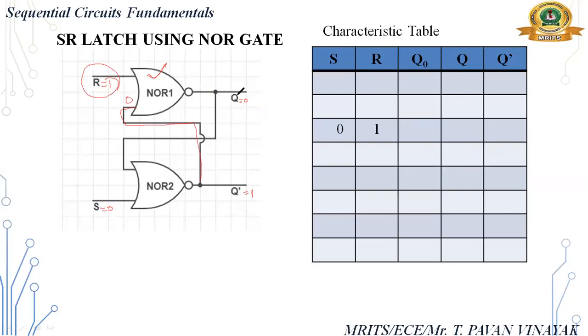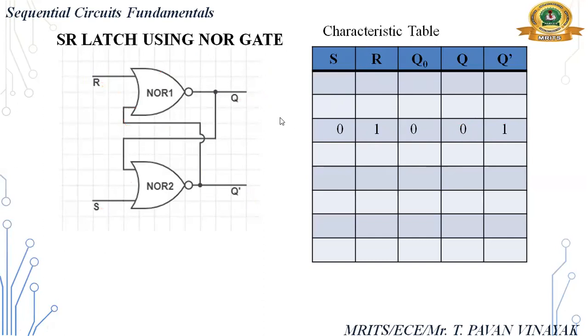So 1, 0 means Q is 0. This is the present output. Next, this Q goes to here now. 0, 0 means 1. So Q bar is 1. So whenever previous state Q is 0, output is always 0 and 1.